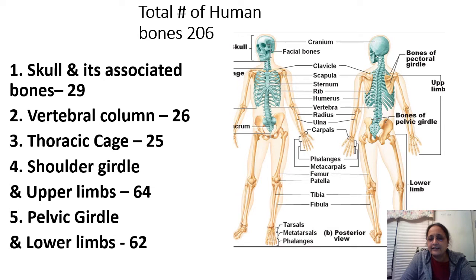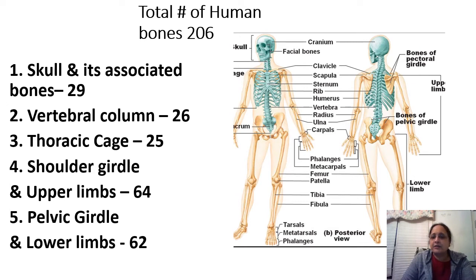Not kidding. Really, it is 206. So with this many bones, how exactly are they distributed in each area? If you shortlist them, the skull and its associated bones are almost 29. The vertebral column, that means spine, your backbone, 26.